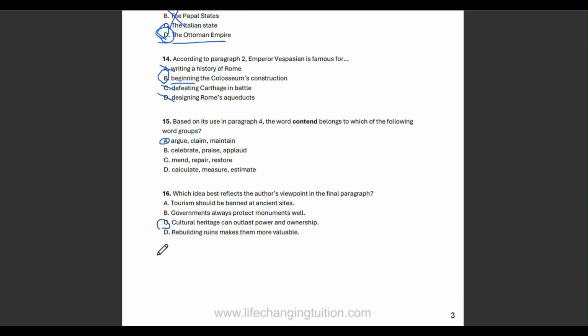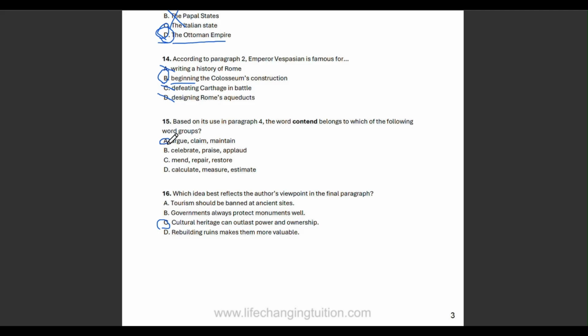At question 15, the question asks, based on its use in paragraph 4, the word contend belongs to which word group? The choices are A, argue, claim, maintain, B, celebrate, praise, applaud, C, mend, repair, restore, and D, calculate, measure, estimate.